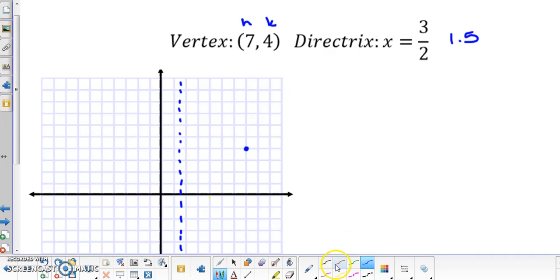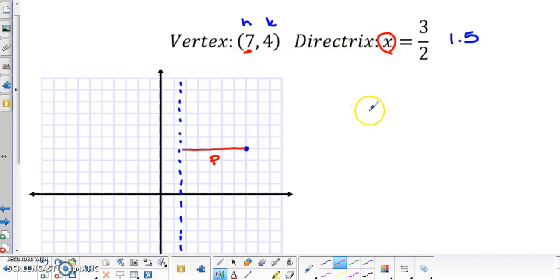Alright, so now what I really need to find is how far apart these are, because this would be my p. In order to find a distance, I have to figure out whichever one of these is changing. The rule of thumb that I've said here is that whatever your directrix is, that's the one that I'm going to be changing.